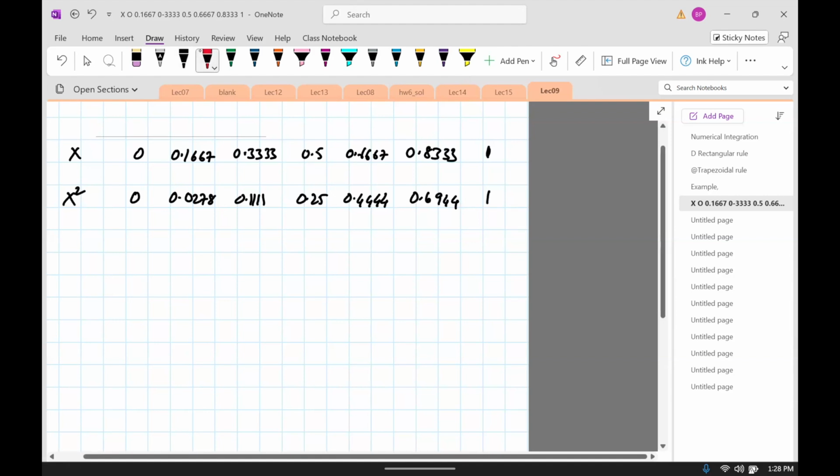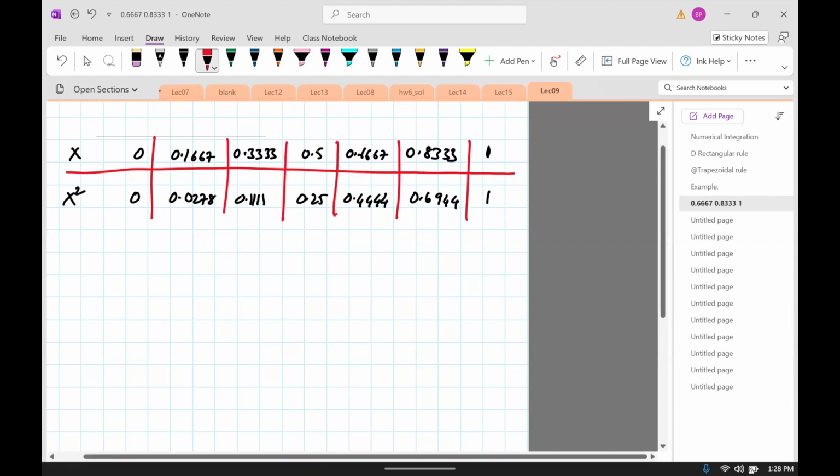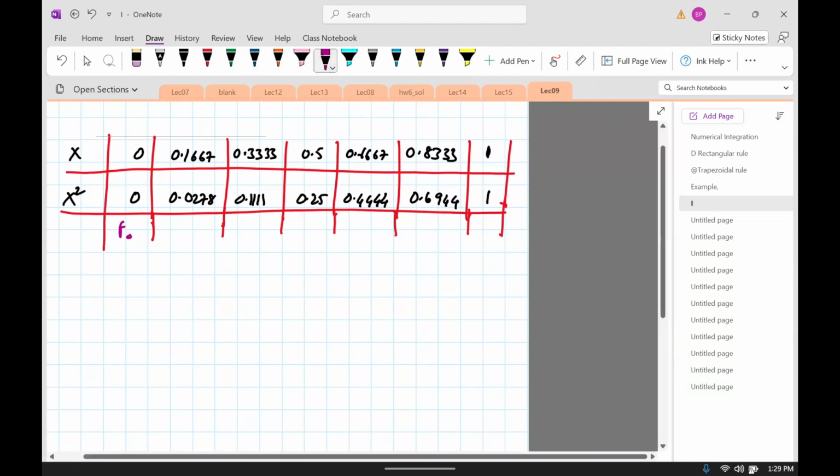So if it's easier, let me just write F0, F1, F2, F3, F4, F5, F6. Okay, so here's the formula.